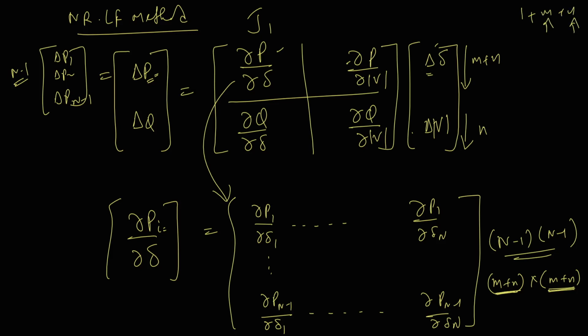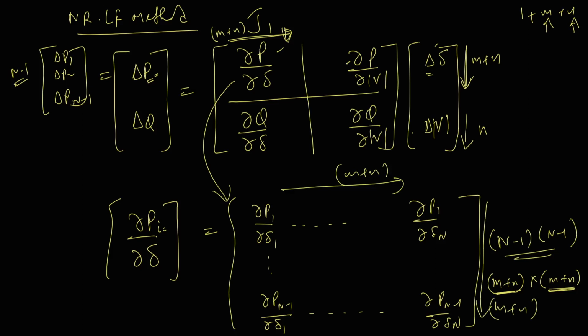The number of columns running here is m plus n, multiplied by the number of rows, which is also m plus n.